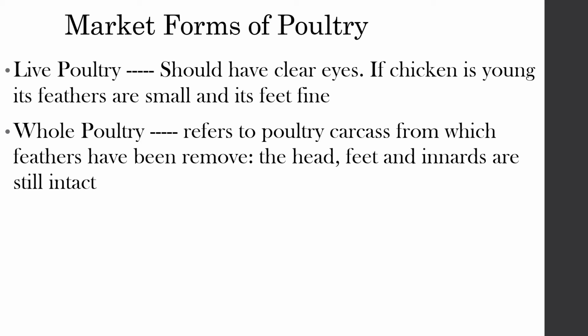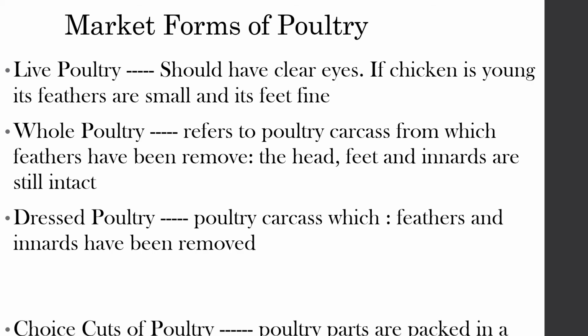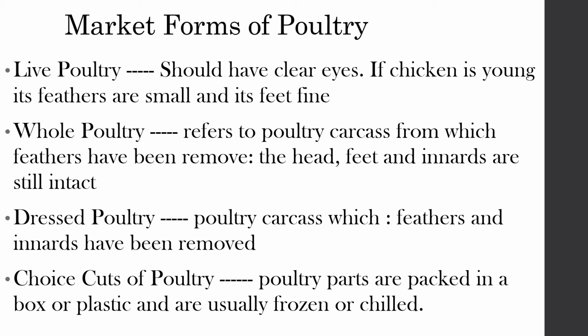Live poultry is delivered alive. Whole poultry only has the feathers removed. Dressed poultry is what you usually buy in supermarkets. Dressed poultry is a market form of poultry wherein the carcass, the slaughtered chicken, has had feathers and innards removed. Then there are choice cuts of poultry.